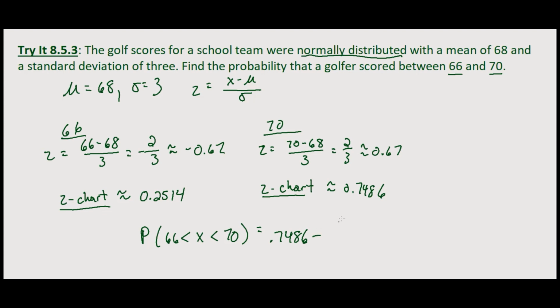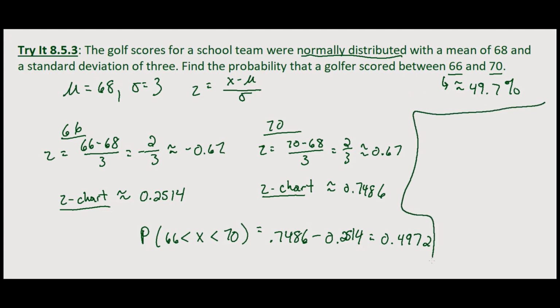So 0.7486 minus 0.2514 equals 0.4972. So what that means is that the probability that a golfer scored between 66 and 70 is approximately 49.7%.